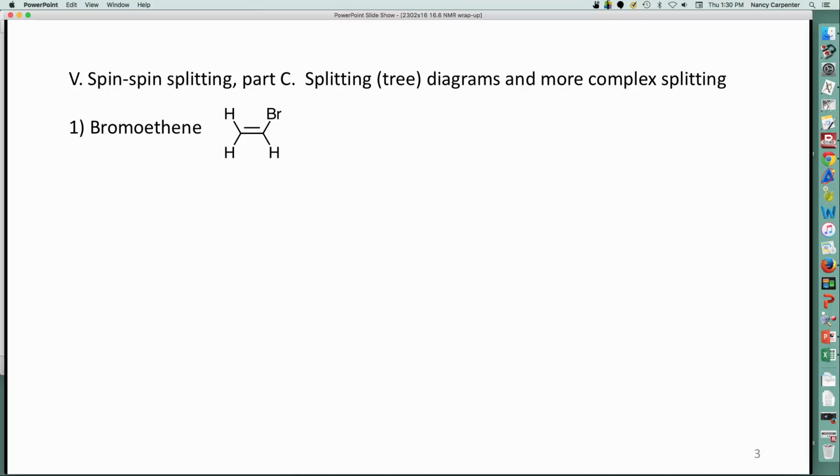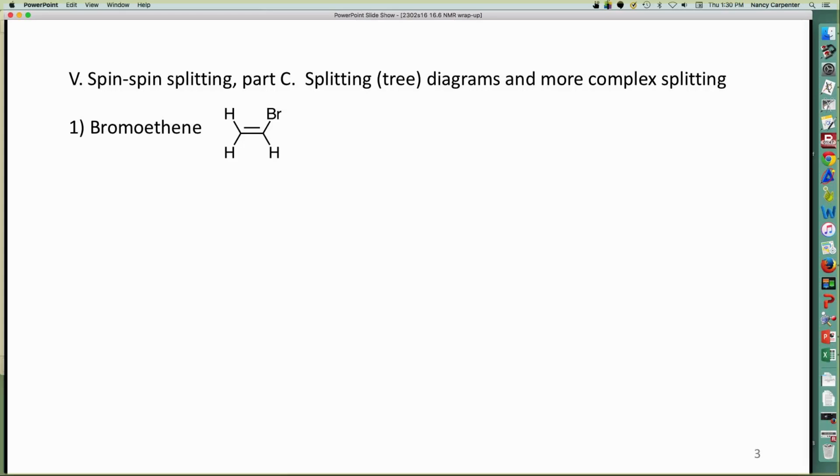And Carey goes through an excellent example toward the end of the chapter, talking about bromoethane, where he reveals, and we've talked about in class, the fact that that hydrogen is not the same as that hydrogen, and that's not the same as this hydrogen. They're all uniquely heterotopic hydrogens. Oof. And that leads to very complex splitting.